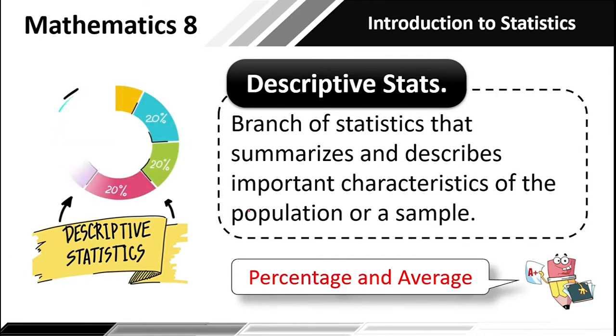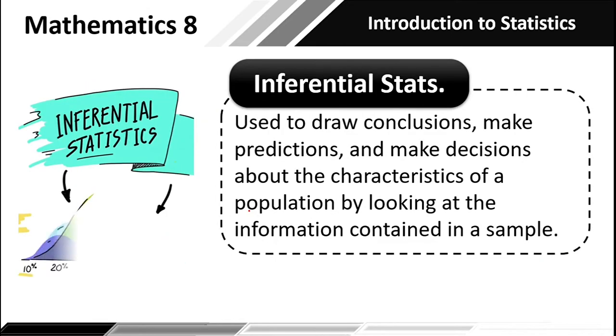So later, let's identify whether the given example is descriptive or inferential statistics. But before that, let's identify what is inferential statistics. Inferential statistics is used to draw conclusions, make predictions, and make decisions about the characteristics of a population by looking at the information contained in a sample.